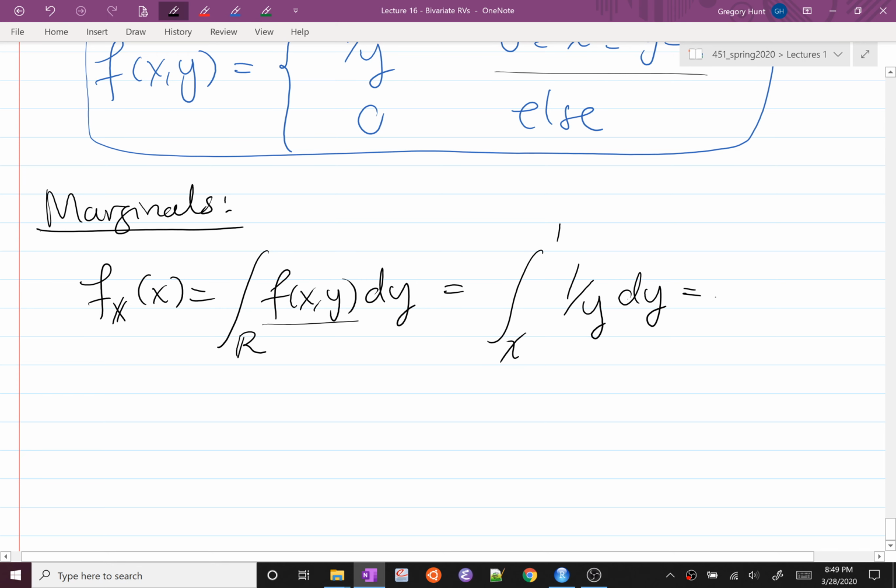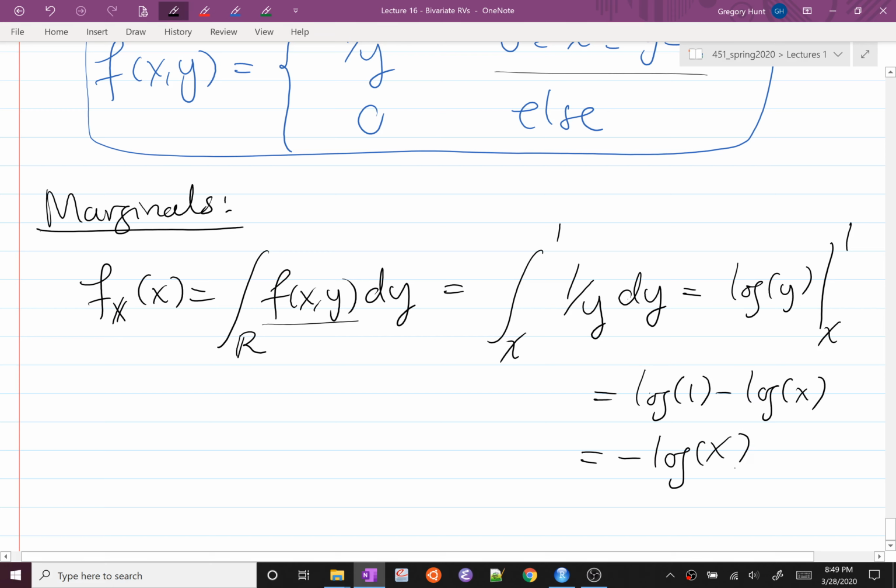And what is this going to give me? It's going to give me log of y evaluated from x to 1, which is log of 1 minus log of x. Log of 1 is 0, and that's negative log of x. So that is my marginal distribution of x.